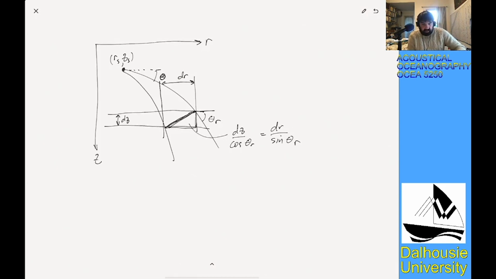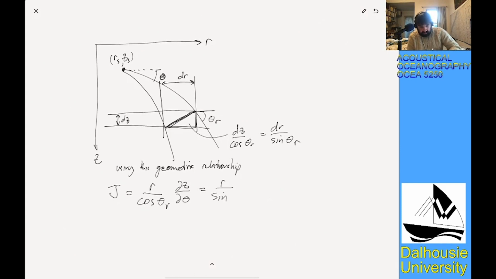So using this geometric relationship, we get the Jacobian equals r over cos theta_r dz/dtheta, or alternatively equal to r over sine theta_r dr/dtheta.